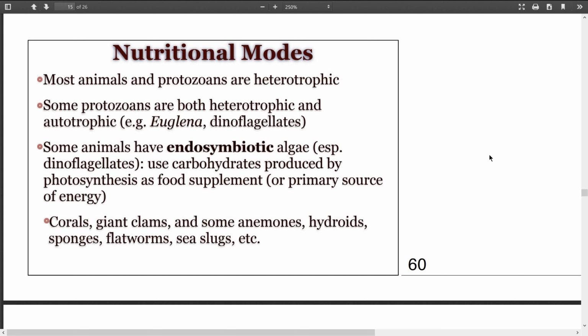So there's a number of animals throughout the animal kingdom that have evolved to be able to make use of endosymbiotic algae as a source of additional energy, or sometimes even as their primary source of energy. So the animals themselves, if you kill off the algae, would still be basically heterotrophic. They're relying on an autotroph living inside of them to provide that energy.